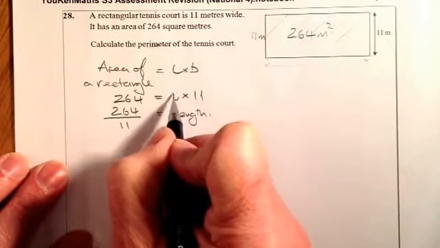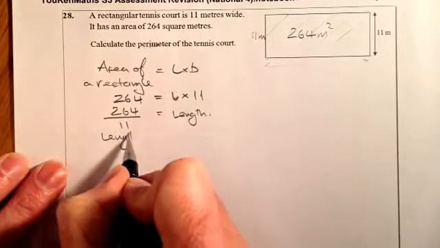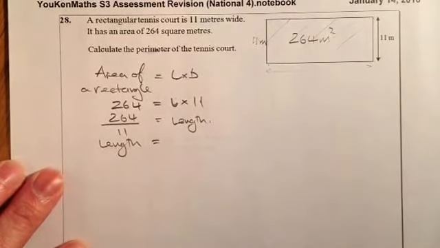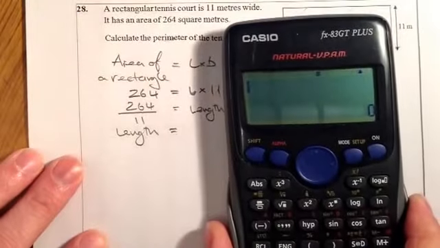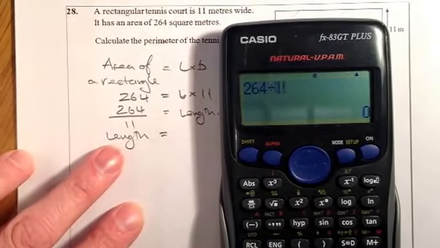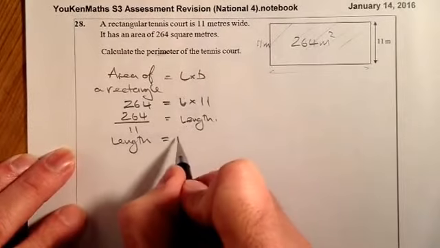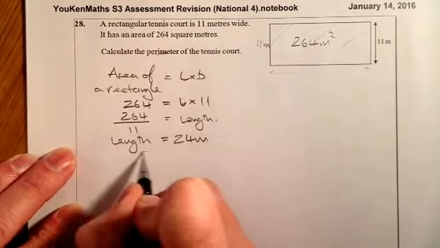So the length of the rectangle is going to be equal to, right, calculator again, 264 divided by 11, and that should give me 24. So that's going to be 24 metres, okay, so that's the length.